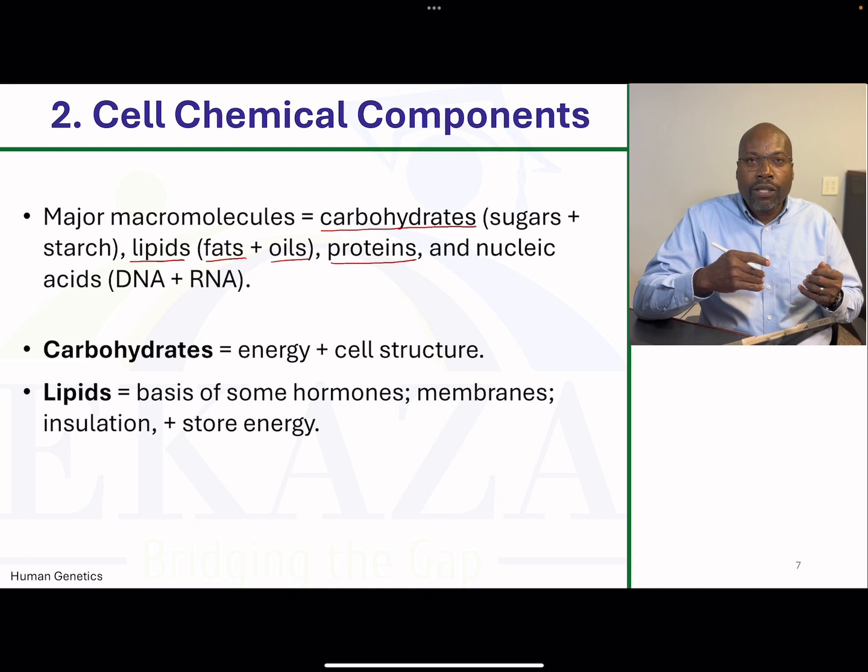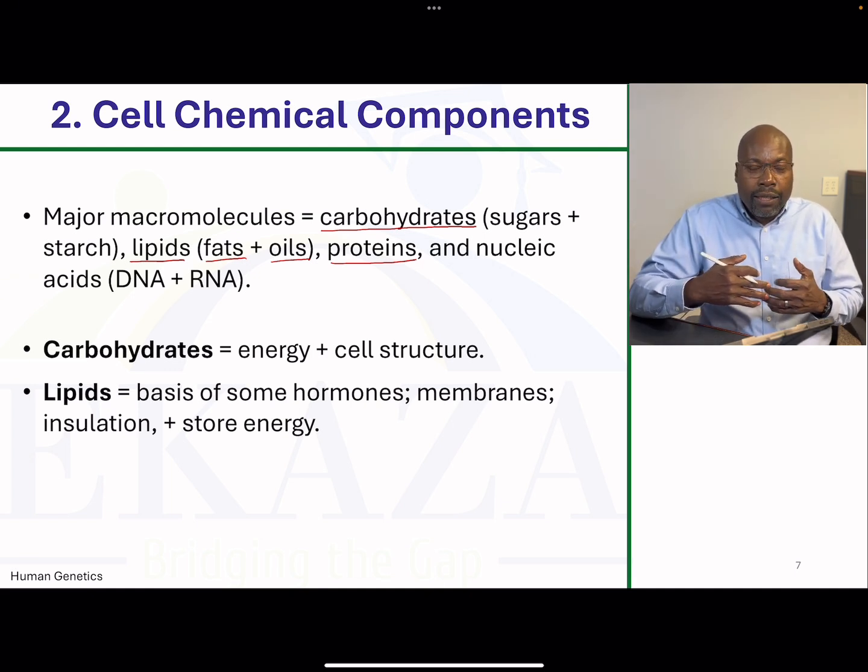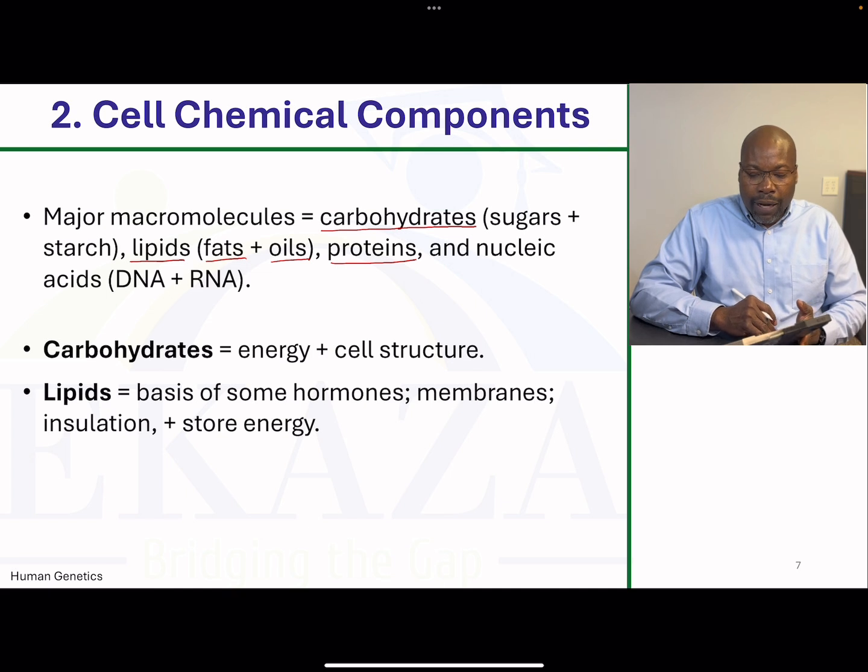If you consider, for instance, your hair is made up of proteins. But then the enzymes that catalyze chemical reactions in your body, we don't necessarily find them making up the structure of your cells, but they are very instrumental in causing changes to occur in your body.